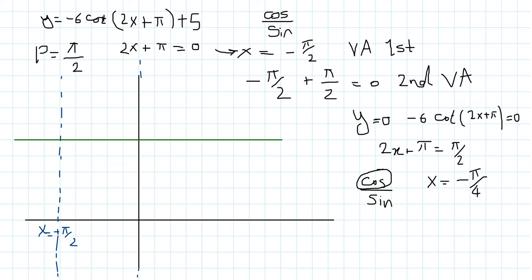It is 5, on y equals 5, and I can draw it easily. I have the intersection with the x-axis at the point minus pi over 4. So easily I draw this. It is the graph of the shape.